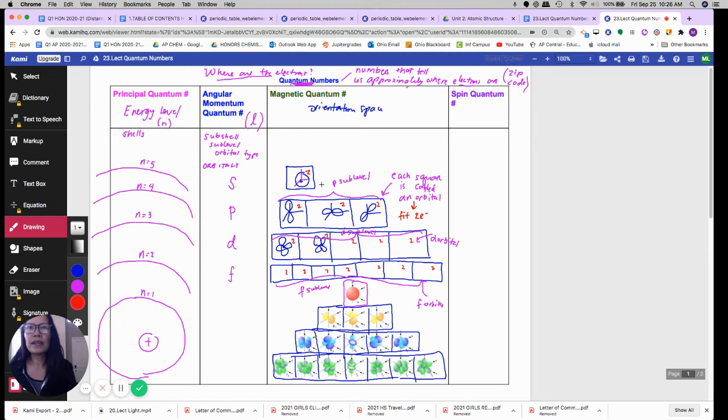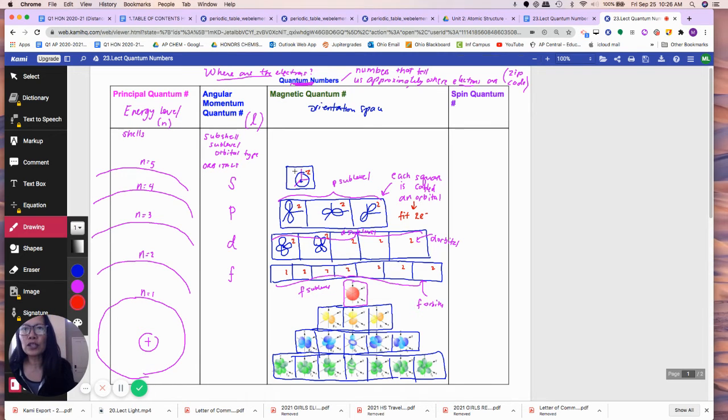Okay, so in the S sublevel, which is all of this, you can fit up to 2 electrons total. So that exponent is the number of electrons in that sublevel. Okay, electrons in the S sublevel. So how many electrons can you fit in the P sublevel? 2, 4, 6.